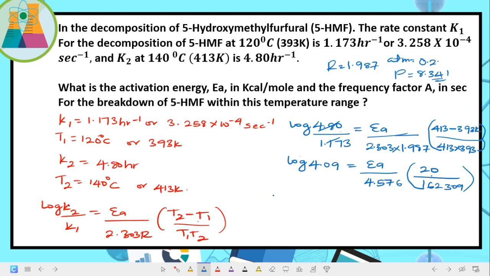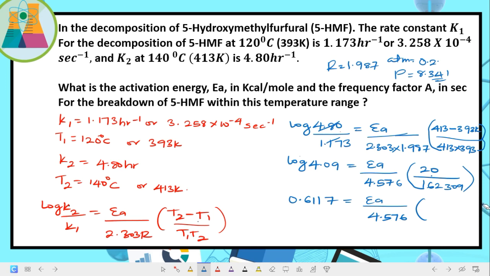So therefore our log 4.09 first, log 4.09, this will give us 0.6117, okay, is equal to EA bracket 4.576 bracket 20 divided by this will give us 0.000123, okay, 0.00123.